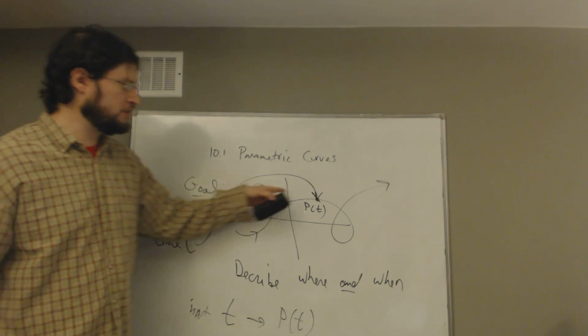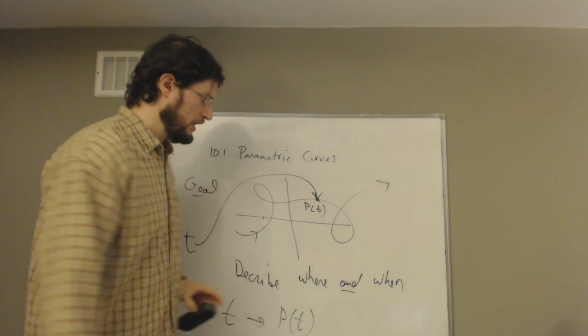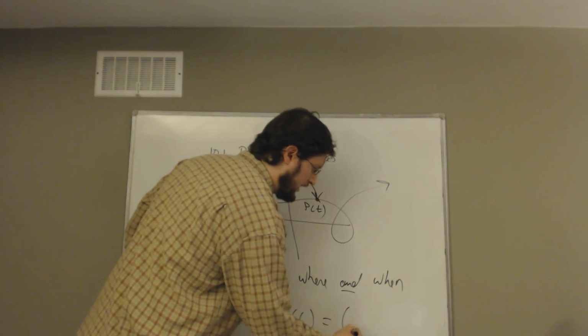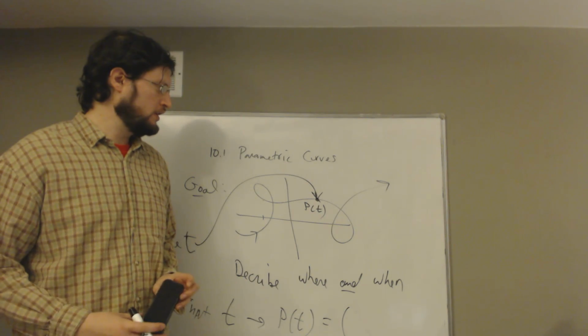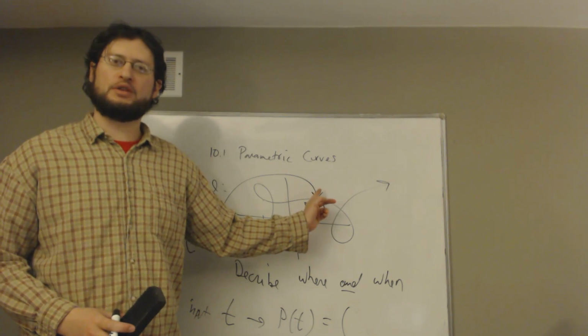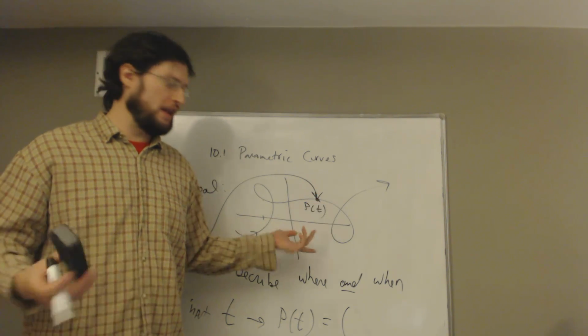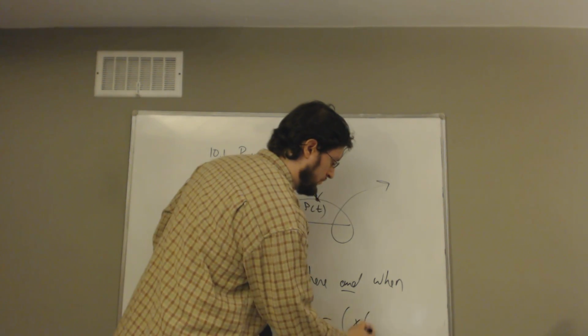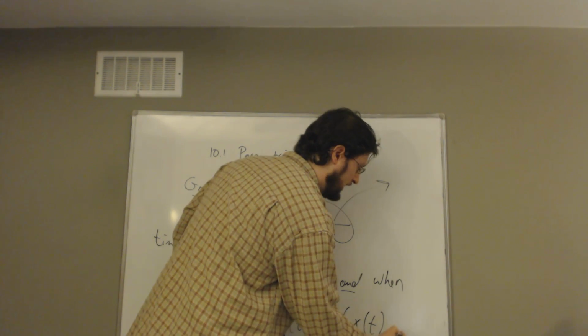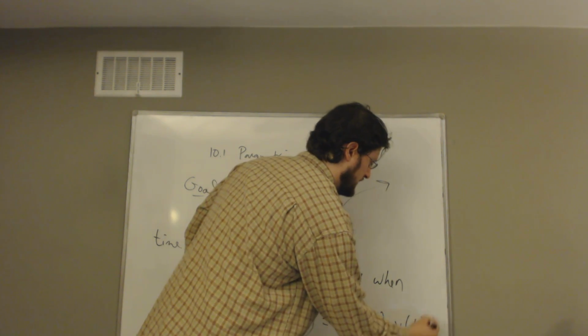As time changes, the point changes. Now a point has an x and a y component. But if the point depends on time, then x and y both depend on time. So we can think about this as x at t, y at t.